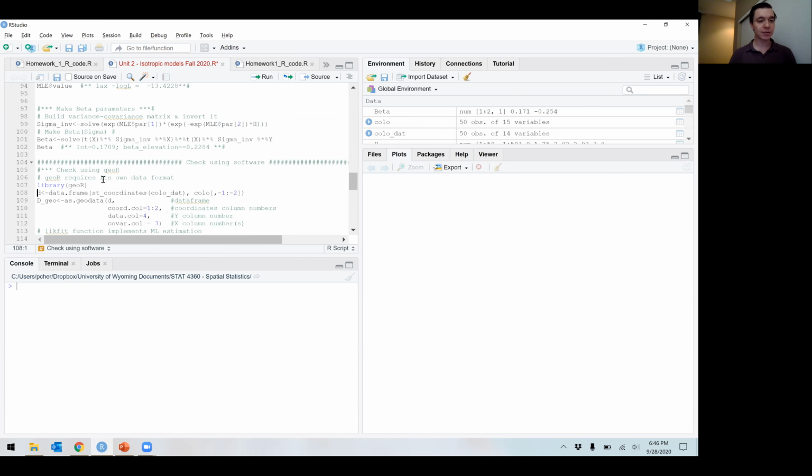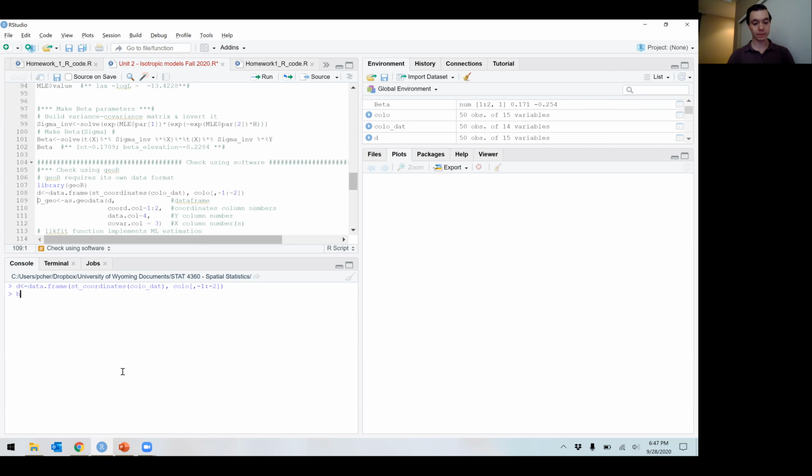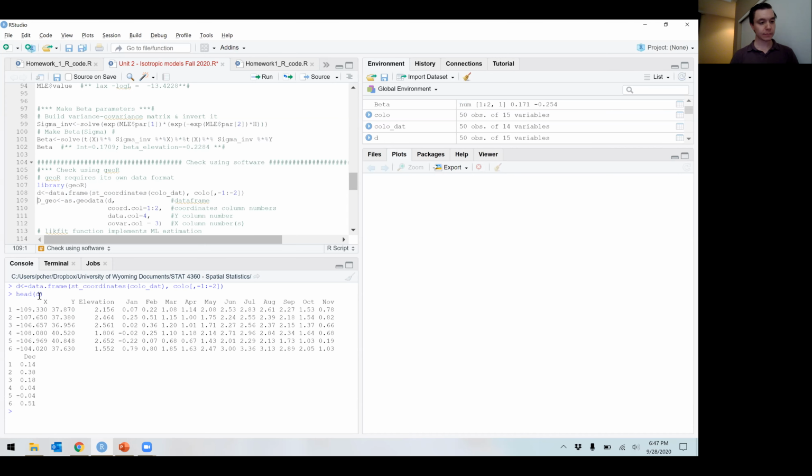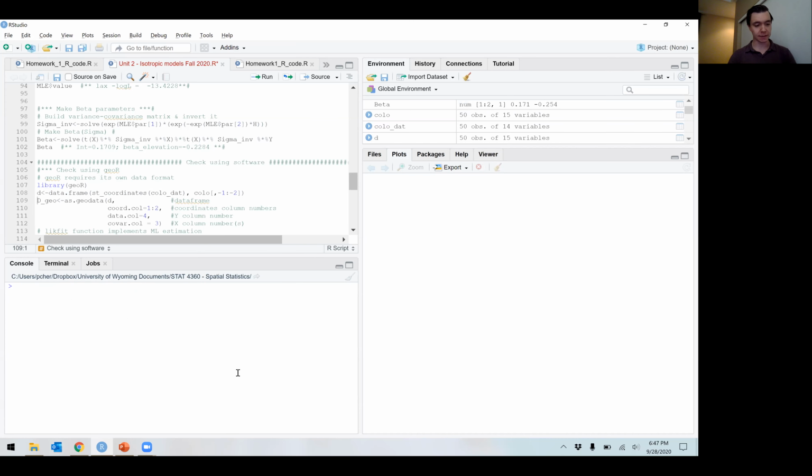So notice that I have to rebuild my data frame. I'm grabbing the coordinates out of my spatial object, and I'm rebuilding the data frame. Now I'm putting the x's, longitudes and latitudes, next to elevation and average temperature in January. If you wanted to play around with this and fit these models for the other months, feel free.